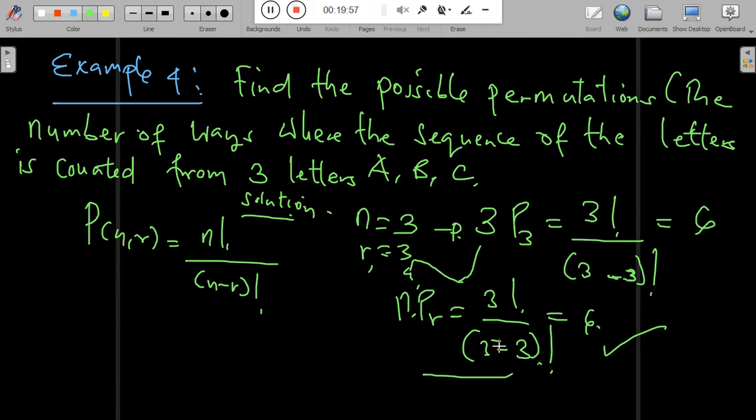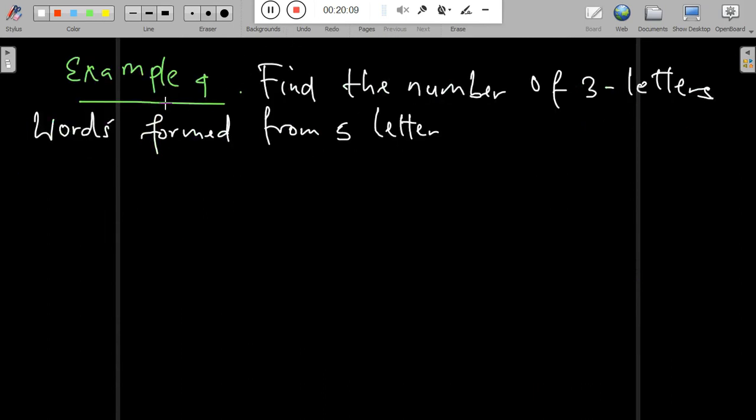Let's go to another example, so as to widen our knowledge of solving permutations. Example number 4. Find the number of 3-letter words formed from 5 letters. We have the total number of letters, n, equal to 5, and r equal to 3 letters.